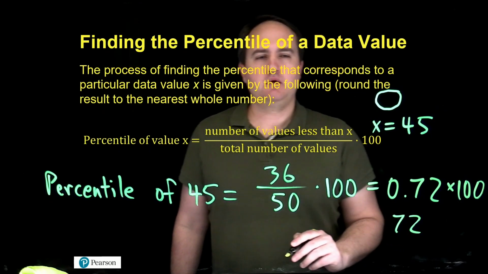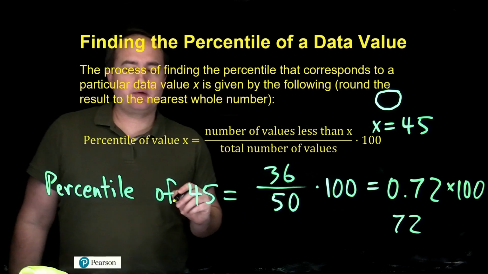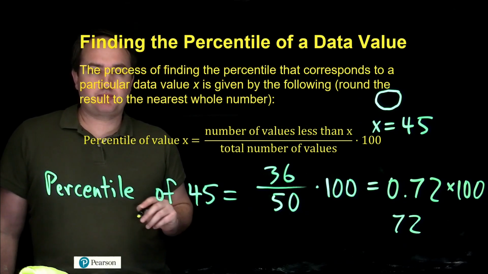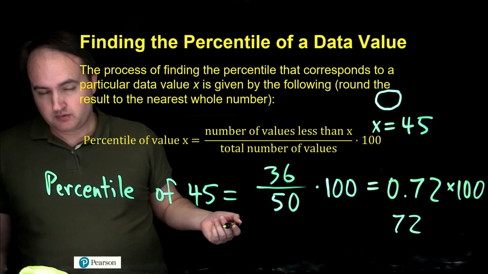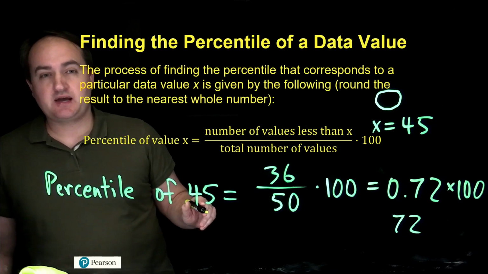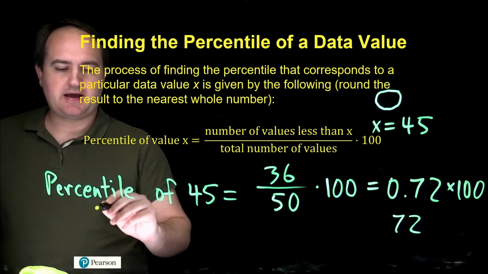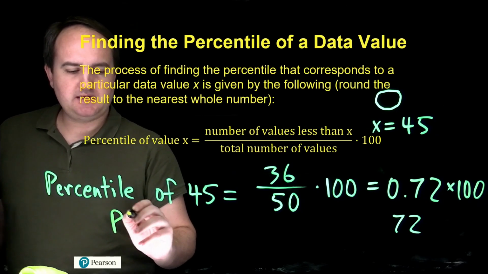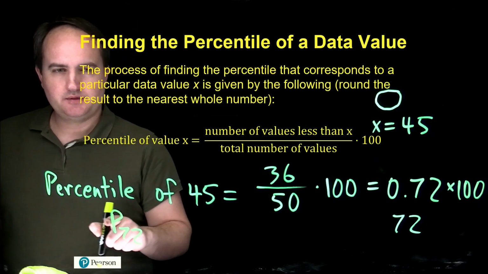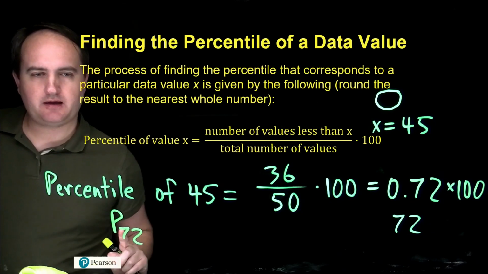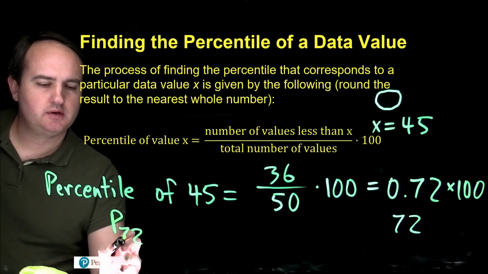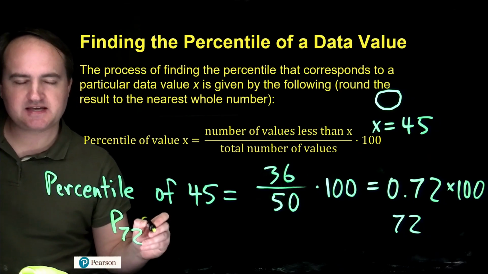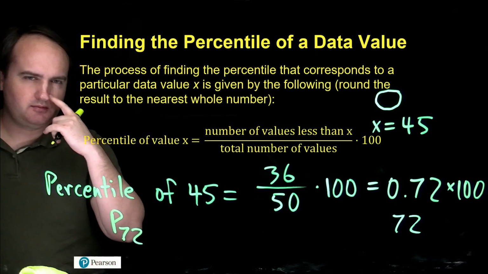What we just found is the percentile of this data value 45 for this example. So the percentile of the data value 45 is P72. P stands for percentile, and the subscript of 72 means that we're in the 72nd percentile.